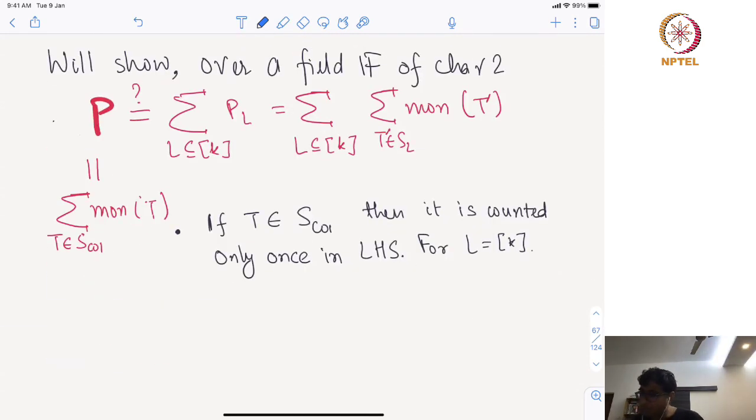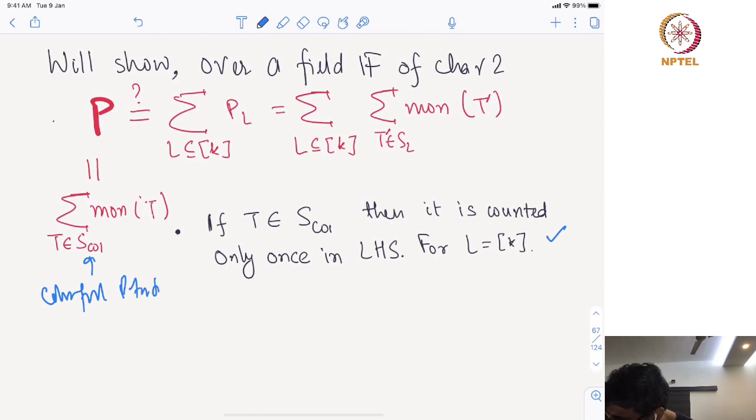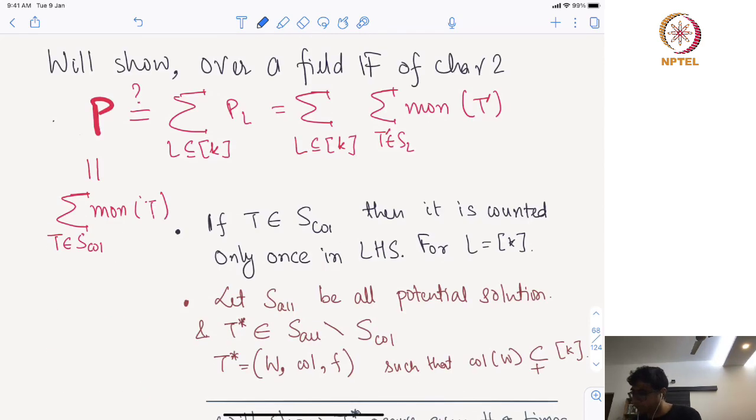Notice if T is in S-colorful, then it is counted only once on the left hand side, for L equal to k, right? Because what is the property of S-colorful? It is a colorful potential solution, so all the k colors are used. It could be a walk, not necessarily a path, but all the k colors are used. So if T is in S-colorful, then it is encountered only once on the LHS, for L equal to k.